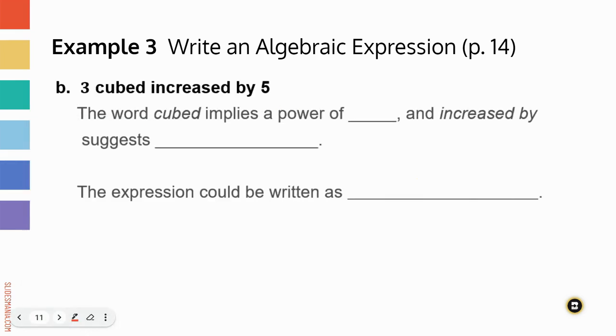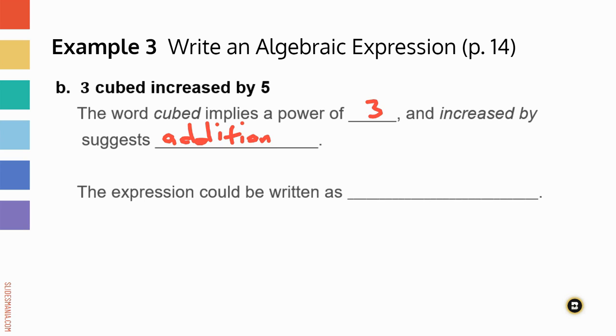In B, we have 3 cubed increased by 5. So the word cubed implies a power of 3. Increased by suggests addition. Remember, you have your operation word sheet that I passed out last week. So you can also use that if you need help with some of the operation words.